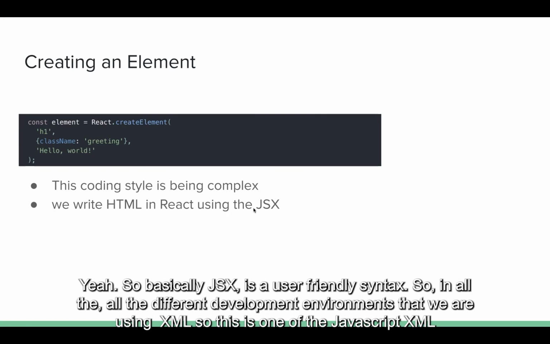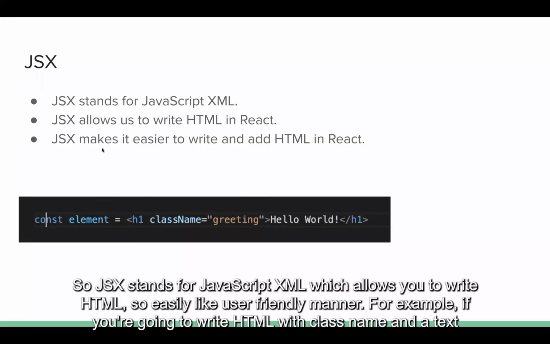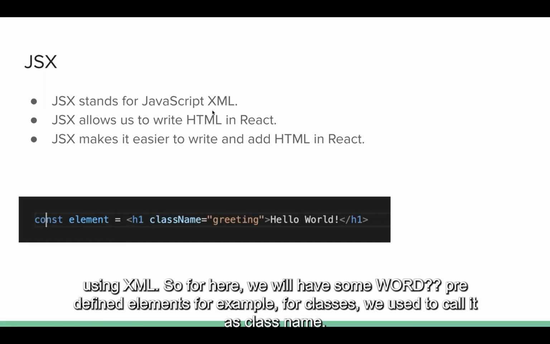JSX is JavaScript XML, which allows you to write HTML in an easy, user-friendly manner. For example, if you are going to write HTML with a class name and other things, we create it in this way. We are just creating an h1 tag and a class name here, because we are not giving a class like in real HTML. We are using a format which is XML.